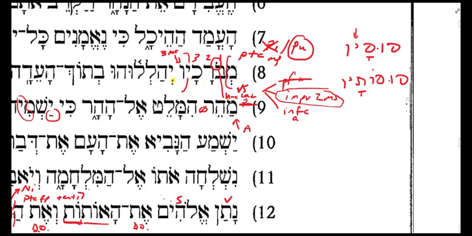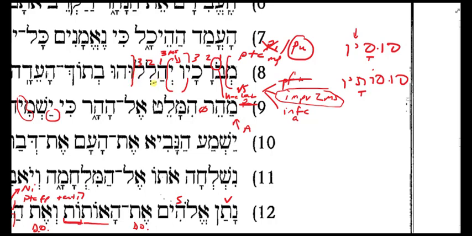I have next Yehalluhu. Yehalluhu. Do you see three identifiable root letters here? Yeah, halal, that's to praise. I have a yod prefix, and I have shurik on the backside.